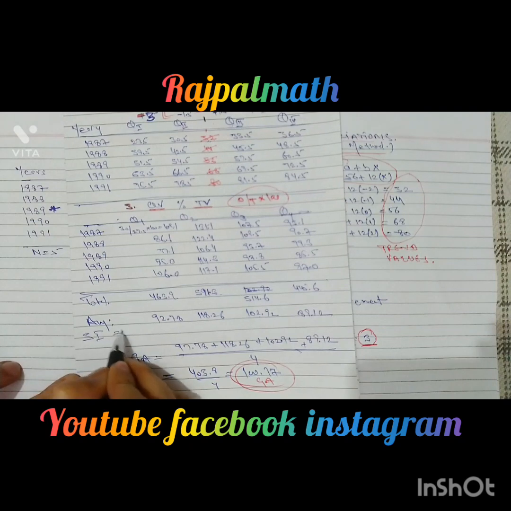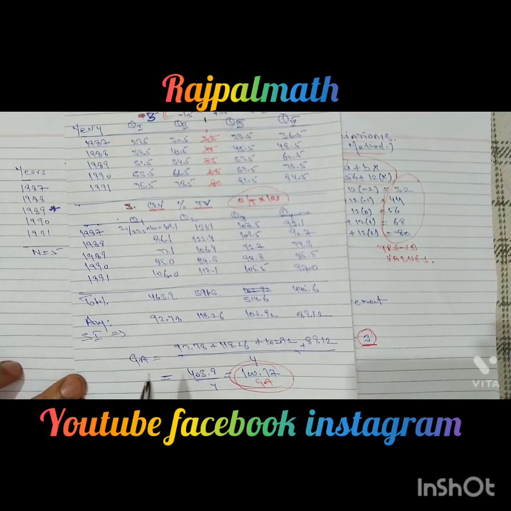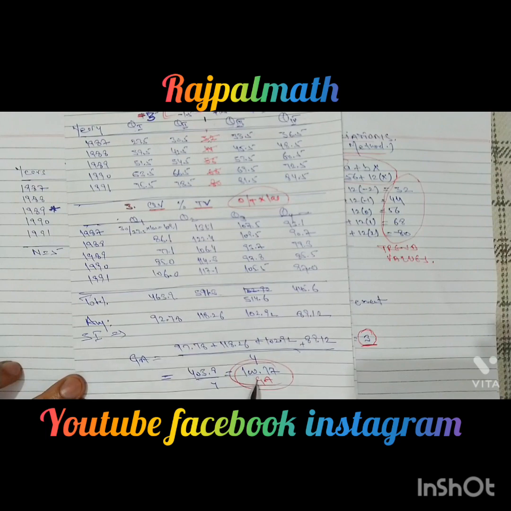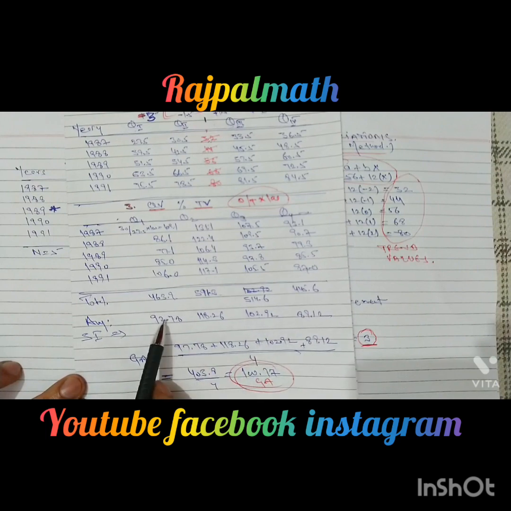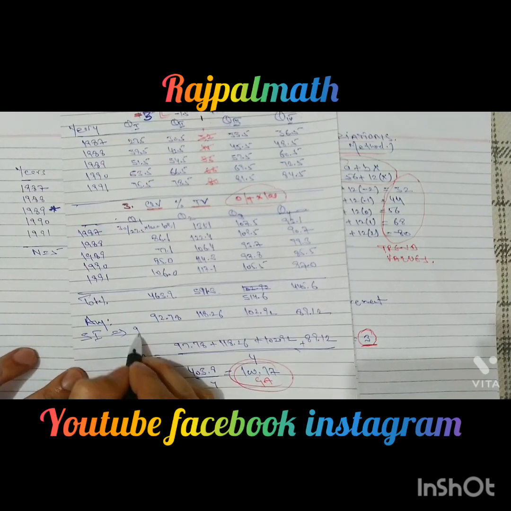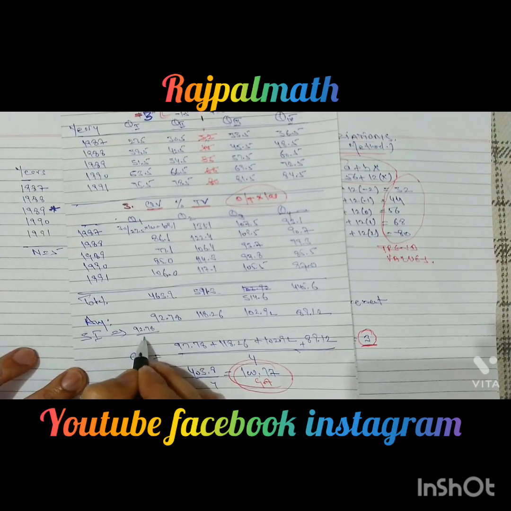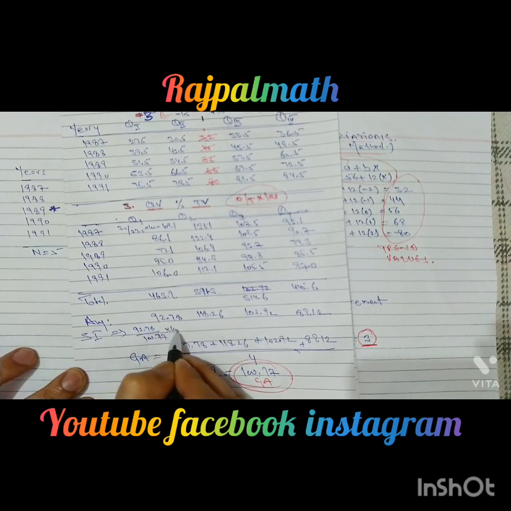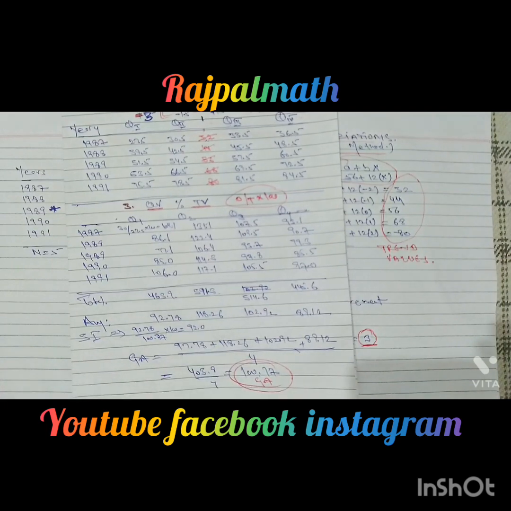Now the seasonal index. The seasonal index formula is quarterly average divided by grand average into 100. For the first, 92.78 divided by 100.77 into 100 comes out to be 92.0.